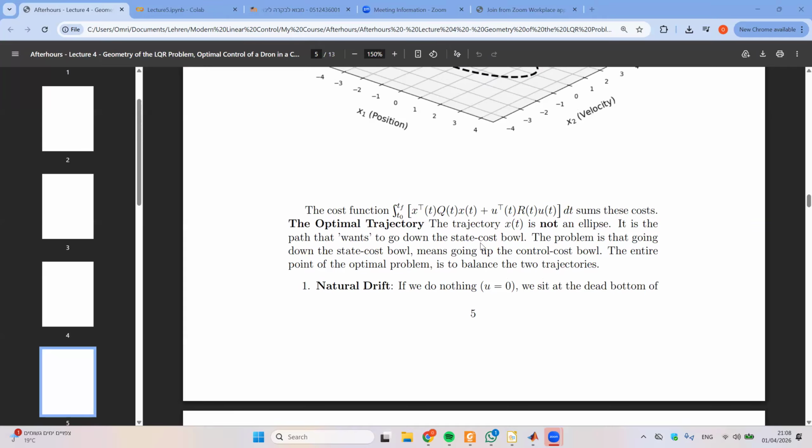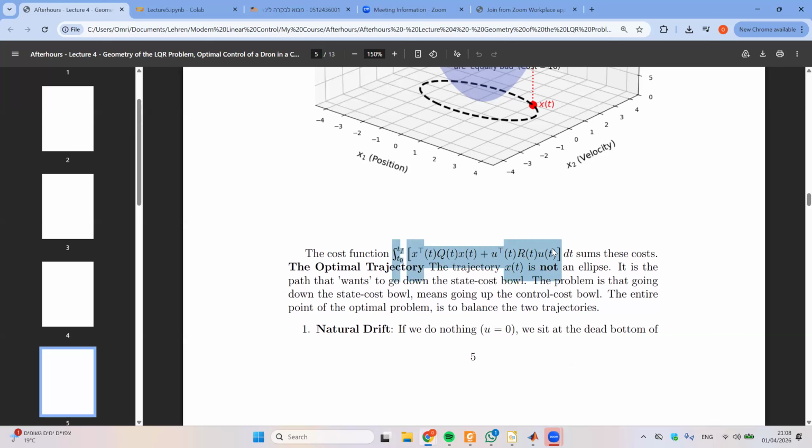Now, what's the meaning of the integral? For any specific point in time, we have the cost of the state and the cost of the control. Our trajectory goes from time t0 to time tf, and we just sum up the costs.